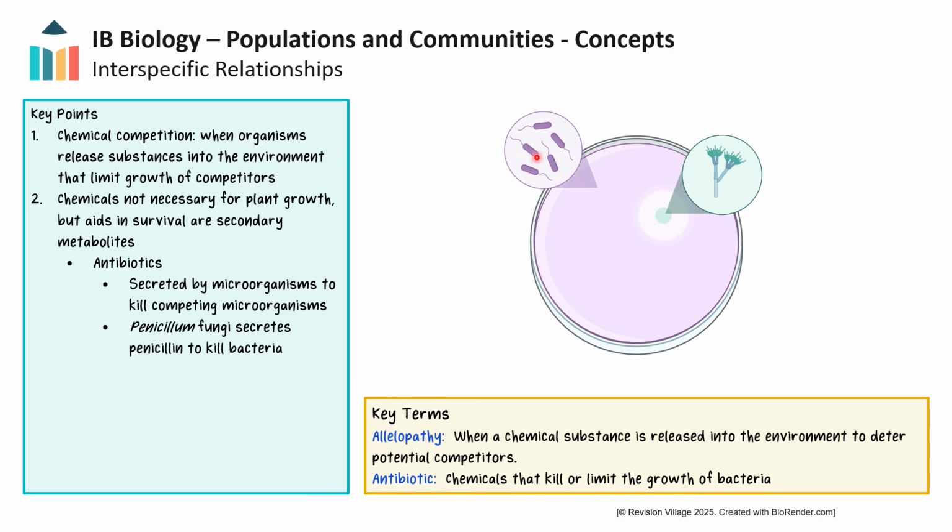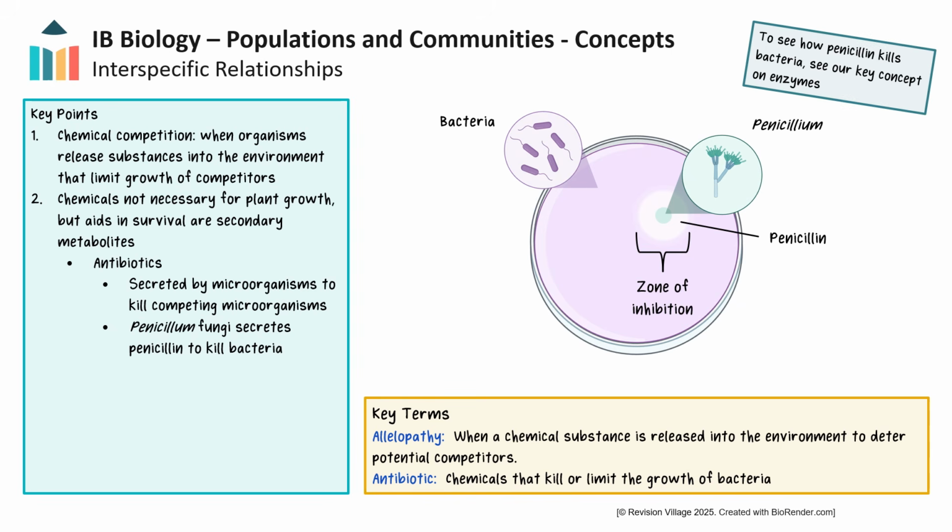As a result, some species of this fungus secrete the secondary metabolite penicillin to reduce the population of bacteria that may absorb their digested nutrients. This effect can be seen in petri dishes with a zone of inhibition where bacteria cannot grow where penicillin is present. See our key concept video on enzymes to understand how penicillin kills bacteria.